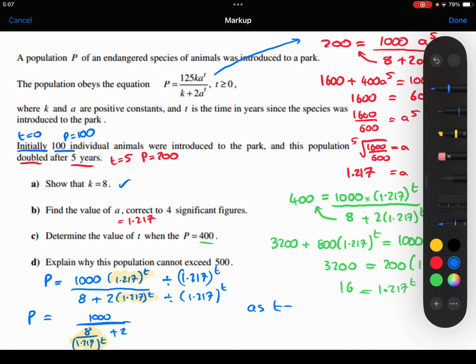As t tends towards infinity, 8 over 1.217 to the power t is going to tend towards 0. Which will mean then that the population will just tend towards 1,000 divided by 2, because that's all that's left of this equation. This is gone. We've got 1,000 divided by 2. So the population is going to tend towards 500 and cannot exceed it.